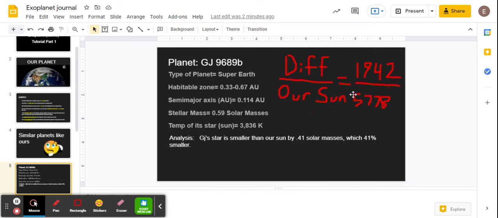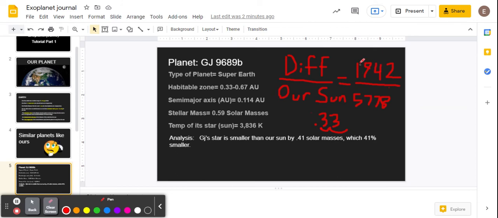If you take that to the calculator and divide those two, you get 0.33. So 0.33, if you move the decimal over 2 spots, you wind up with 33%.